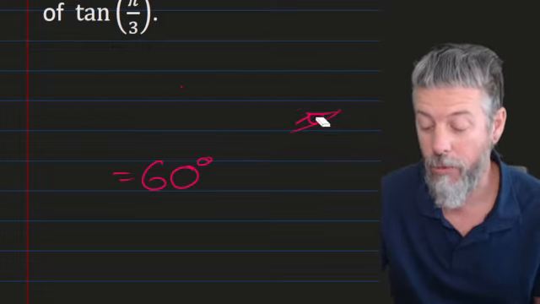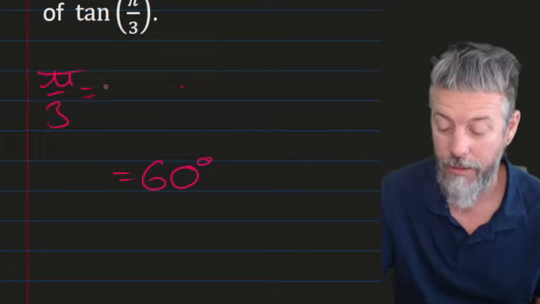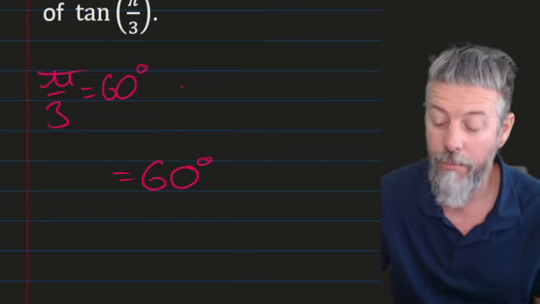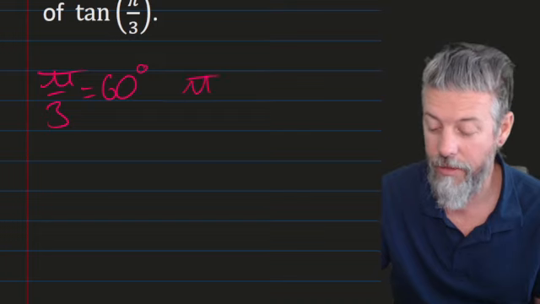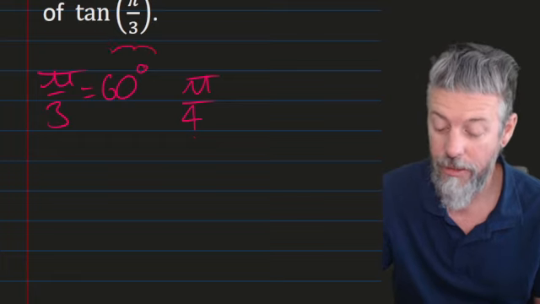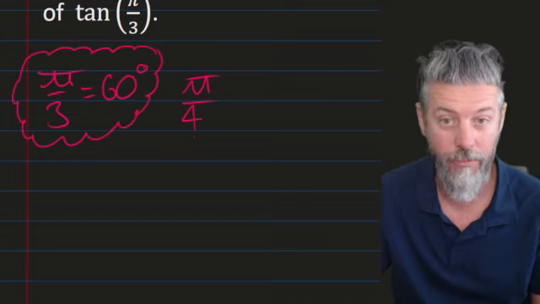There are actually a few more that are out there. So pi on 3 equals 60 degrees. Pi on 4. So let's think about it. If we're chopping down essentially, in this case, not 2 pi, but half a circle got chopped in 3 parts. That was 60.